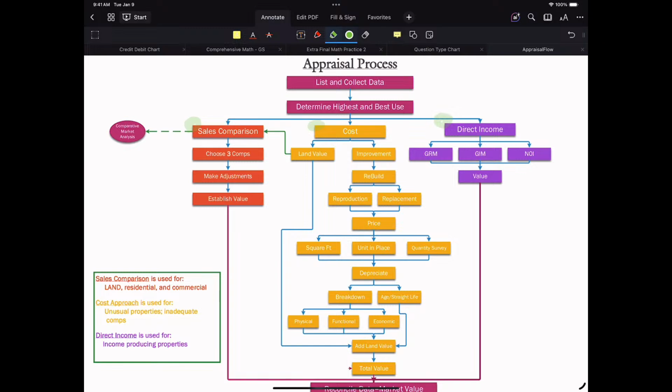Most appraisals, like 80% of appraisals that you do, are going to be that first option, sales comparison approach. That is based off of the principle of substitution that says, why would I want to pay $460,000 for my home if two houses down, the exact same house just sold for $400,000 2 months ago?